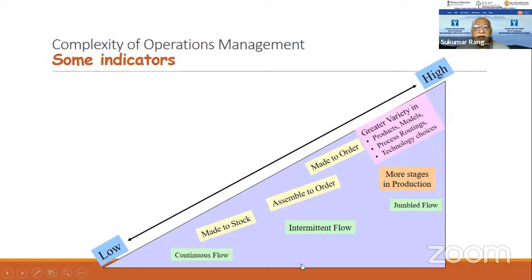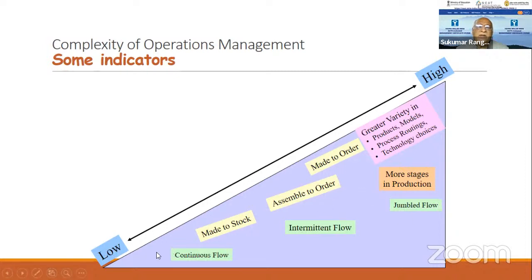In low variety, continuous flow systems mostly operate. Made to stock items operate. In intermittent flow, assemble to order, make to order, jumble flow systems. See, continuous flow, intermittent flow, jumble flow systems.